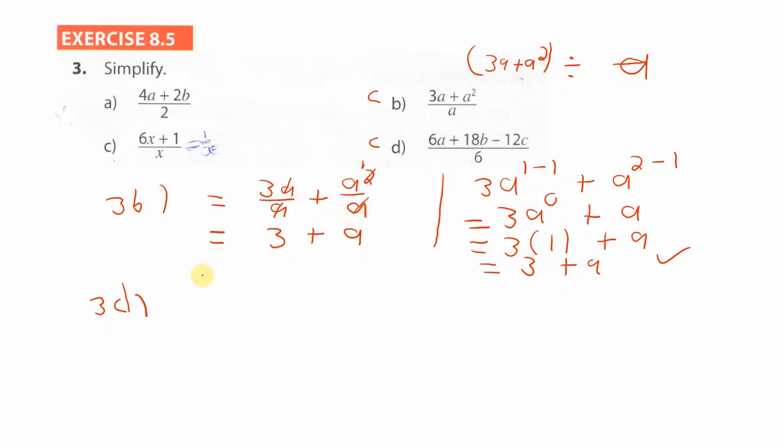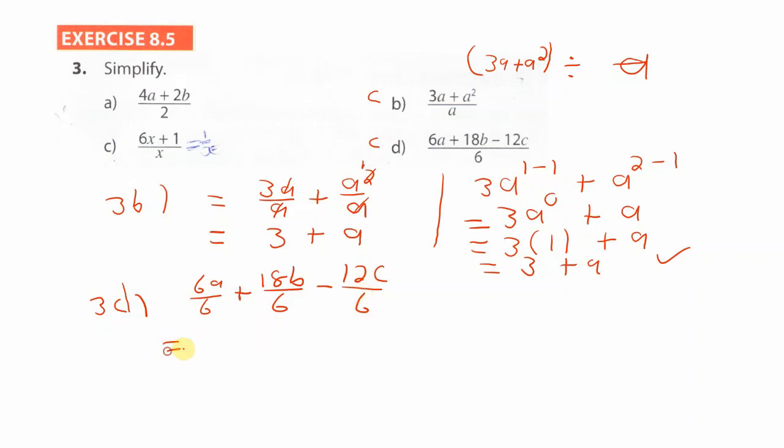So we have the 6a over 6. We separate it from the 18b, which we can keep over 6. And we separate it from the 12c, which is also over 6.